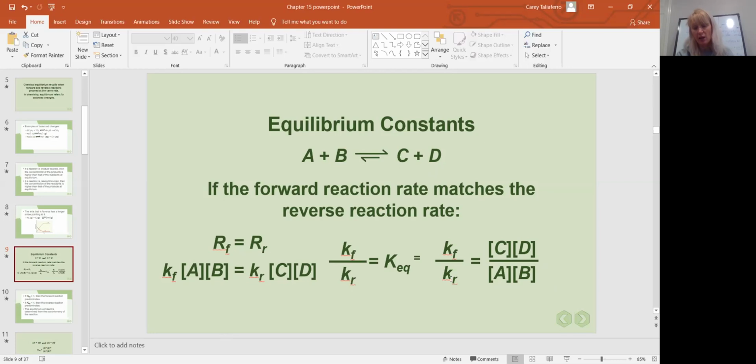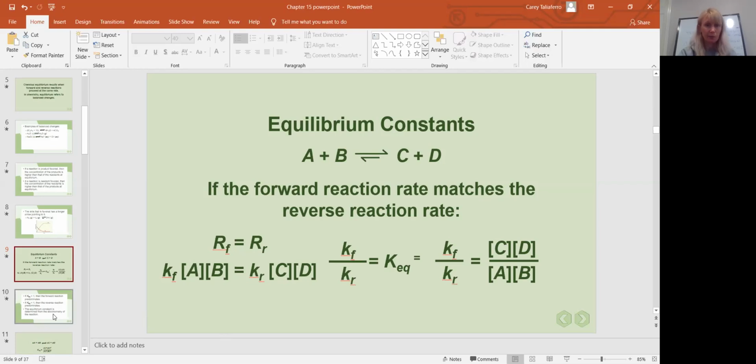And this kf and kr refer to the forward reaction, meaning they're making the products, over the reverse reaction, meaning how much reactant do you have left. Okay, so we call this Keq the equilibrium constant. Now keep in mind that it's the concentration of the products, or the forward reaction, over the concentration of reactants, or the reverse reaction.